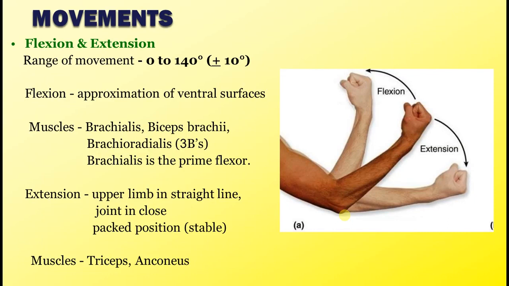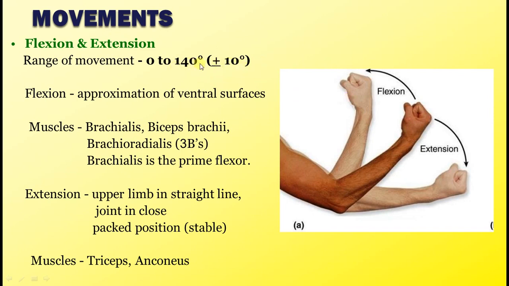So now coming to the movements of the elbow joint, we are able to see only two movements are permitted. One is the flexion and the other one is the extension. So the range of the movement is, from a fully extended elbow, it can go up to 140 degrees, and it might vary.